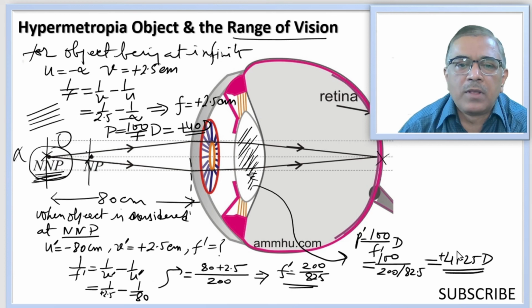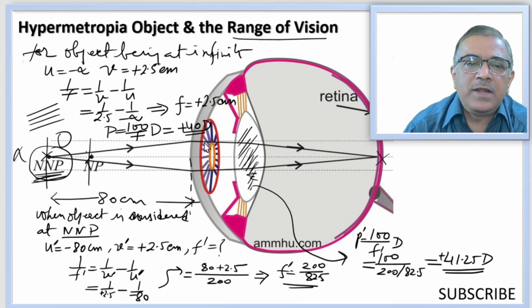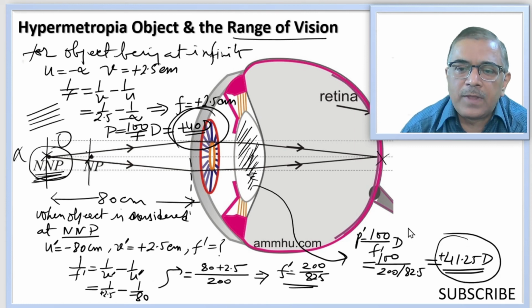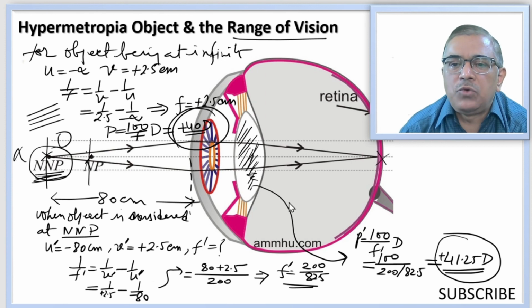Now you see, when the object lies at infinity, the power of the eye lens is 40 diopter, and when the object is brought closer to the new near point, the power of the eye lens becomes 41.25 diopter. It means the power of accommodation of the eye lens has now reduced from 4 diopter to 1.25 diopter.